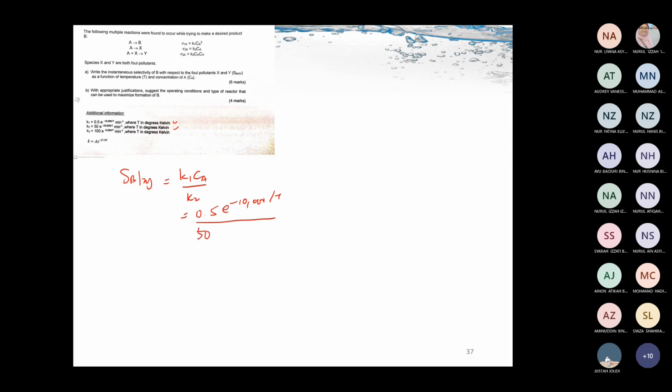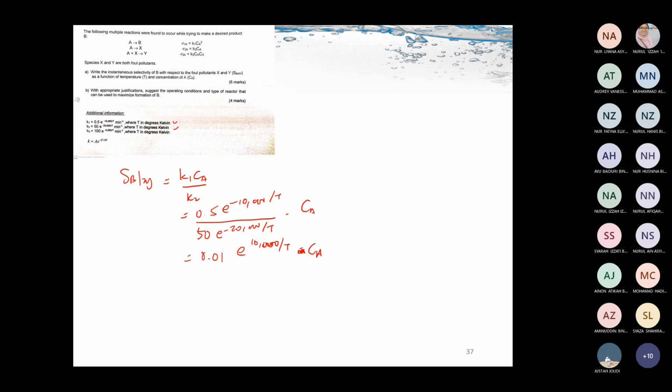It is 50, e to the power of negative 20,000 over T, and we have CA. From here you can simplify it, which is 0.01 e to the power of 10,000 over T, times CA. Okay, so this would be the final equation.